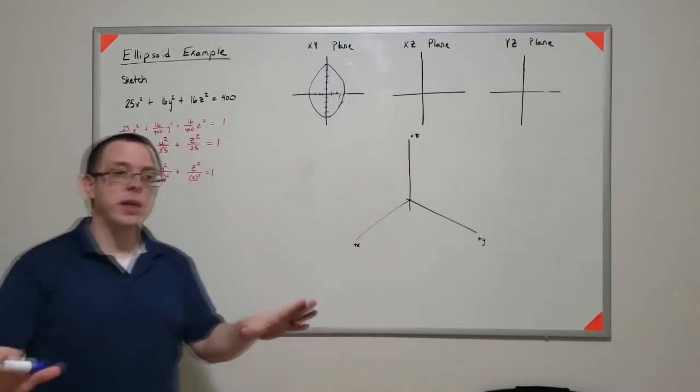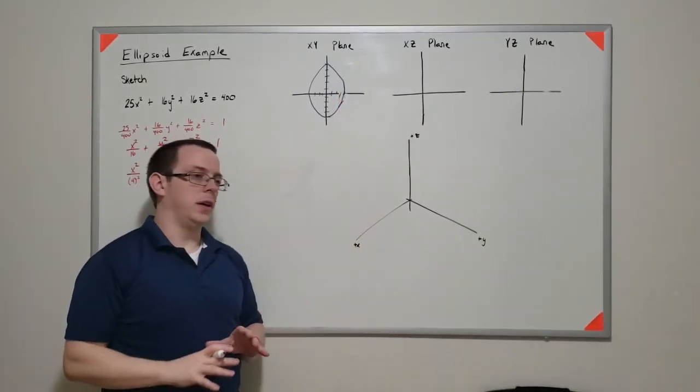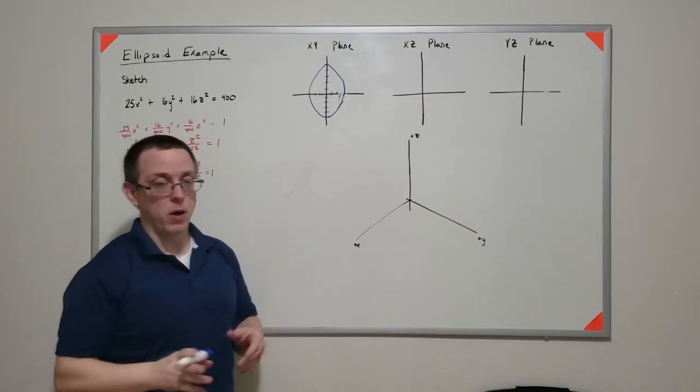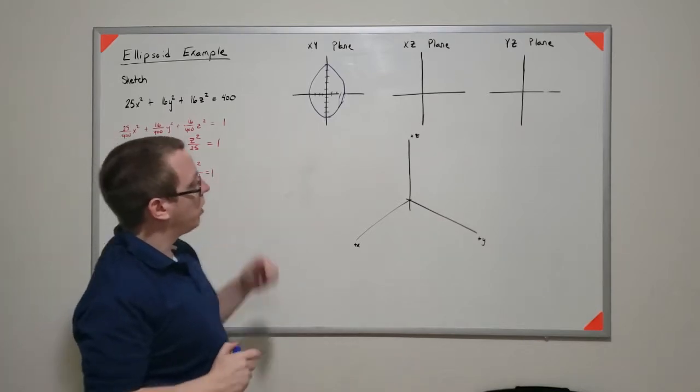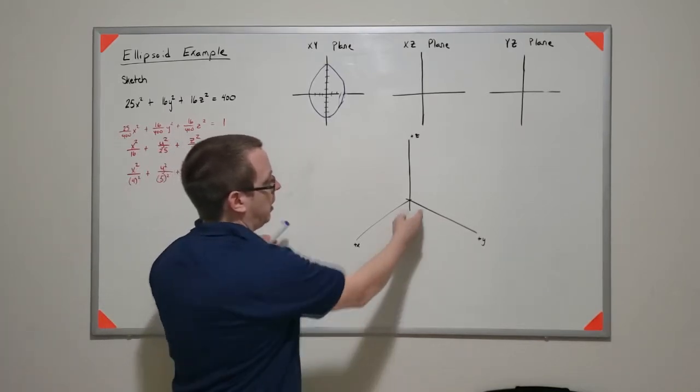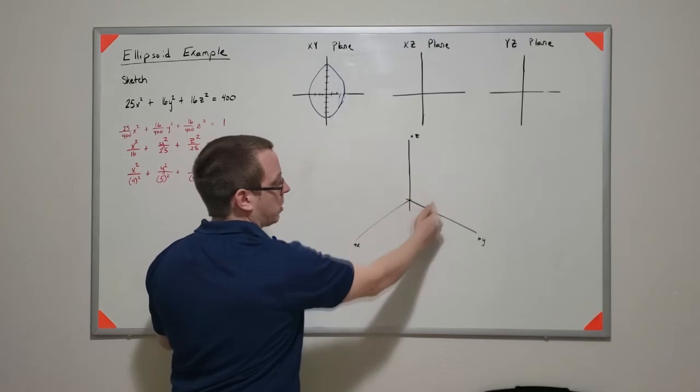And I'm admittedly really bad at drawing ellipses, so my apologies here. So that's the idea. In the XY plane, for the z value, we're going to have something that looks like an ellipse.